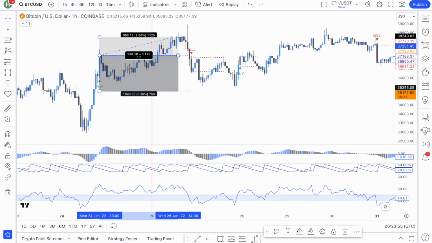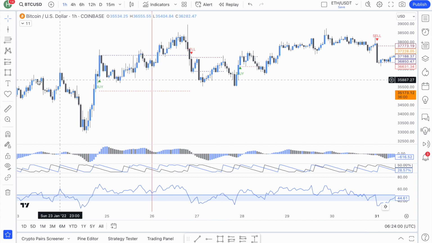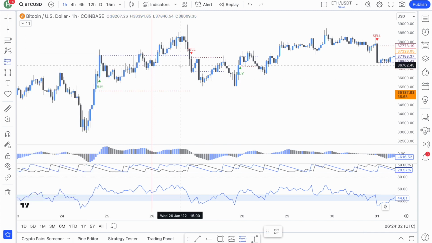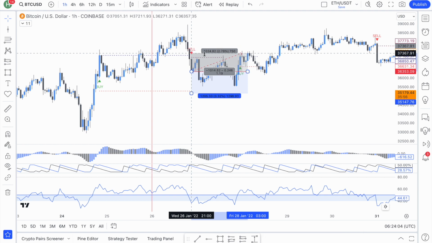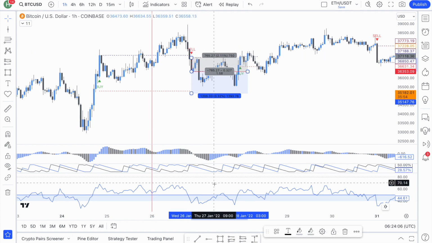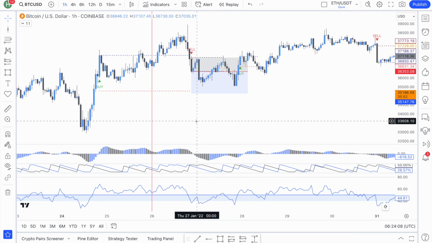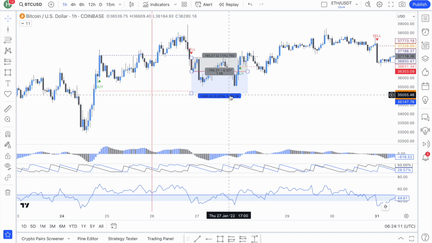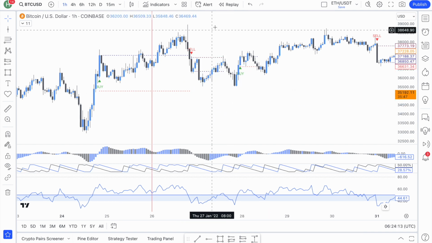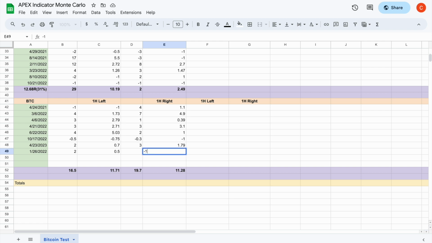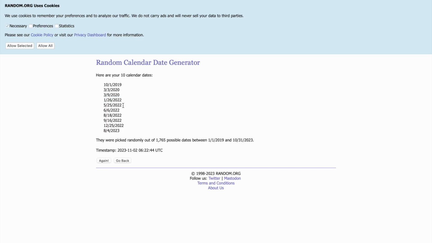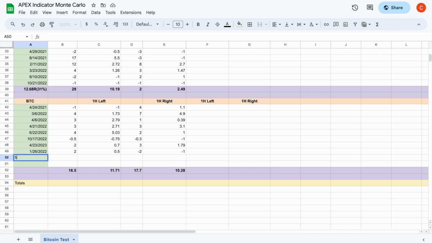Next one is going to be on the other side here. No divergence, would have got stopped out, so -1 and -2%. All right, going on to the next. We've got 2 more trades to go. We're going to do May 25th, 2022.